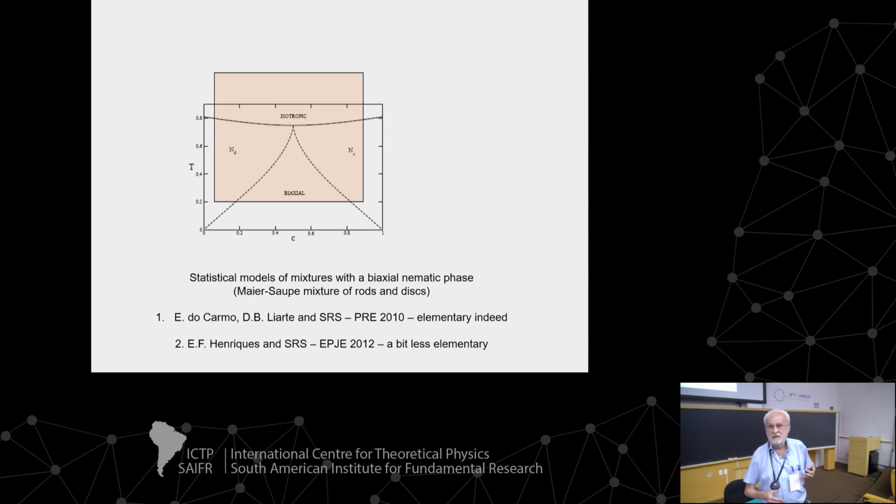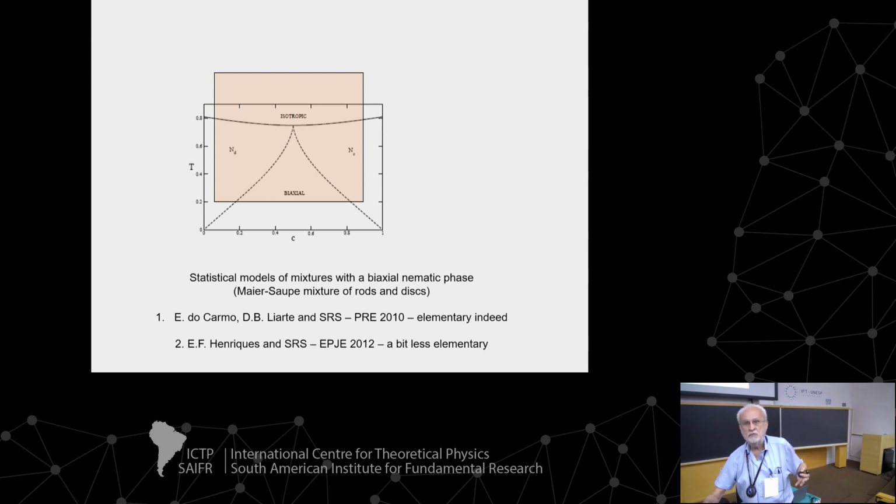And then we realized that a little bit of annealed disorder is sufficient. Now, with quenched disorder, there is no Landau point, no biaxial phase, but a little bit of annealed disorder is enough to produce a biaxial phase and a Landau point.